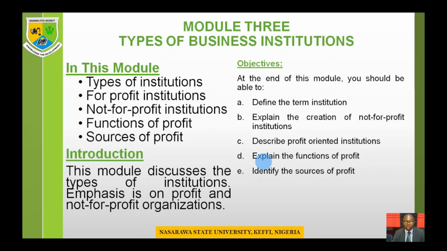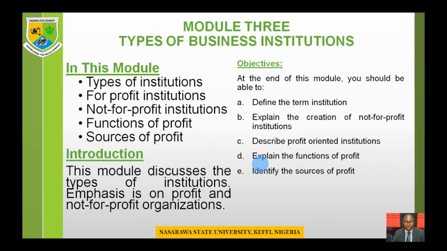The objectives are that at the end you will be able to define the term institution, explain the creation of not-for-profit institutions, describe profit-oriented institutions, explain the functions of profits, and identify the sources of profit. By way of introduction, this module discusses the types of institutions.